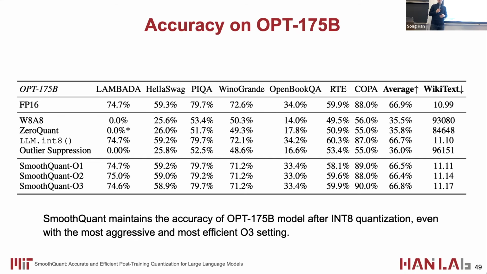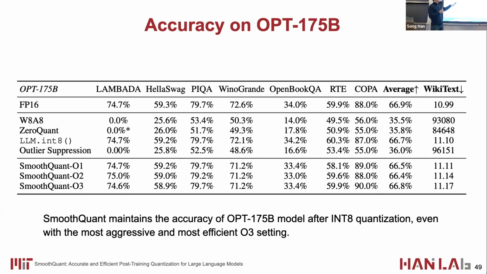So they have a mixture of int8 and FP16. That can indeed have pretty good accuracy, but it's very difficult to implement. And the measured speedup is actually less than 1, meaning it's actually slowing down the inference. And outlier suppression cannot solve the issue either.